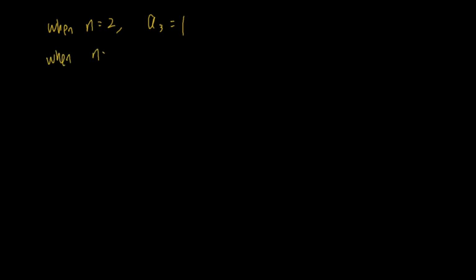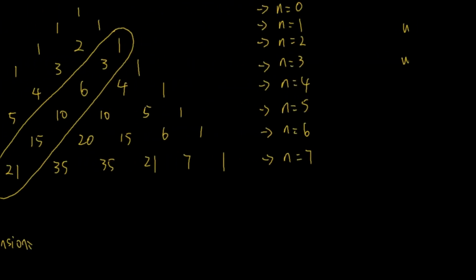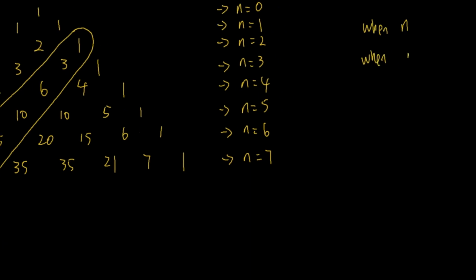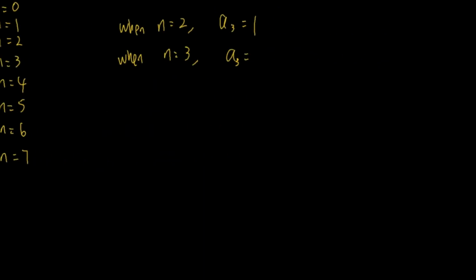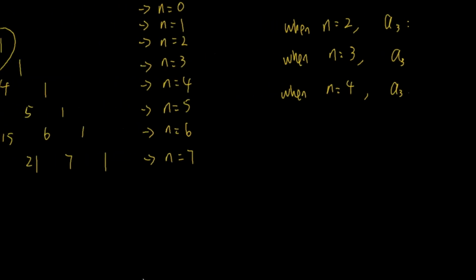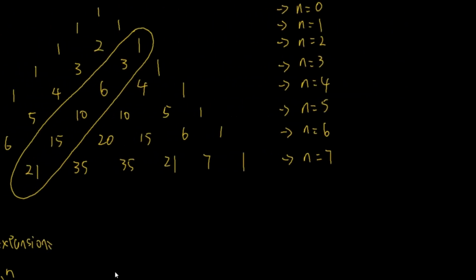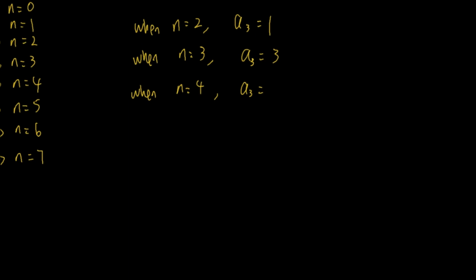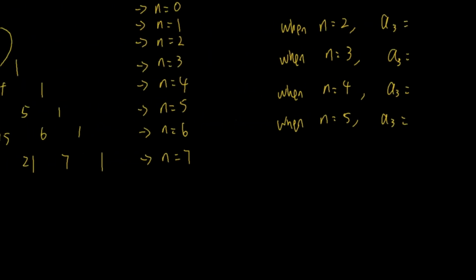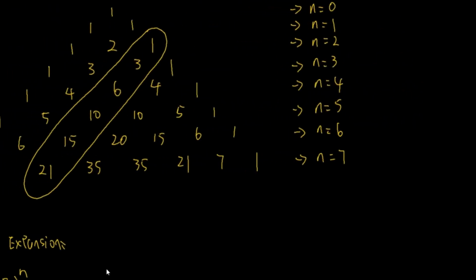When n is equal to 3, what's a3 equal to? We have to see how the pattern goes. When n is equal to 3, a3 is equal to 3, according to Pascal's triangle. When n is equal to 4, a3 is equal to 6. When n is equal to 5, a3 is equal to 10.